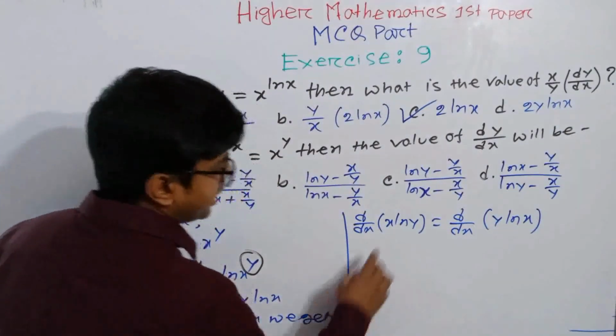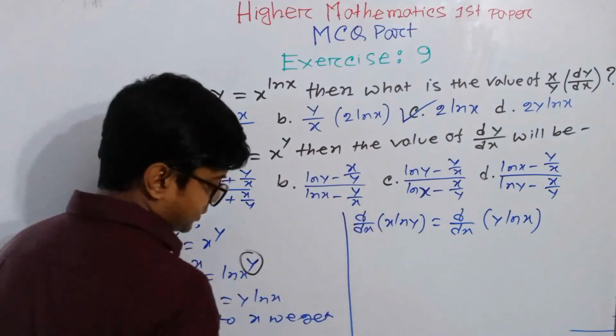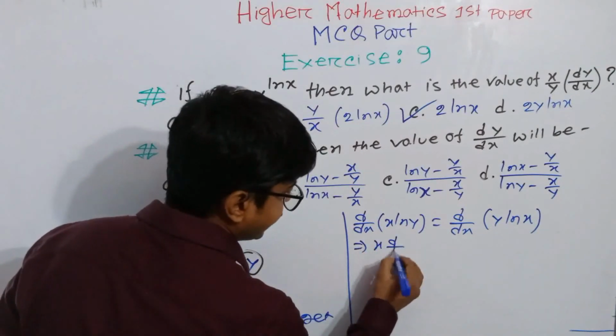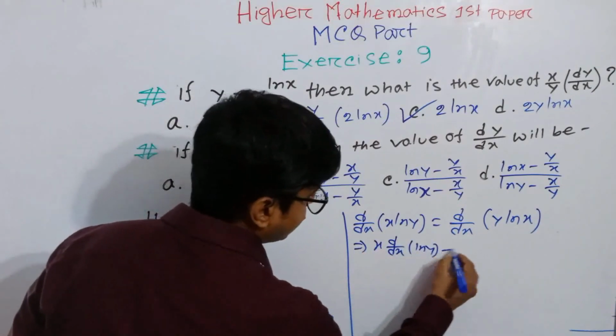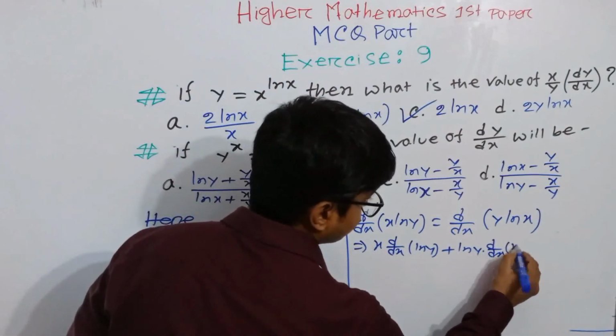Now we can apply the UV formula, so it will be x d/dx of ln y plus ln y into d/dx of x.